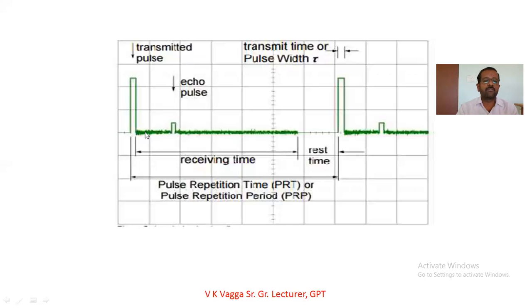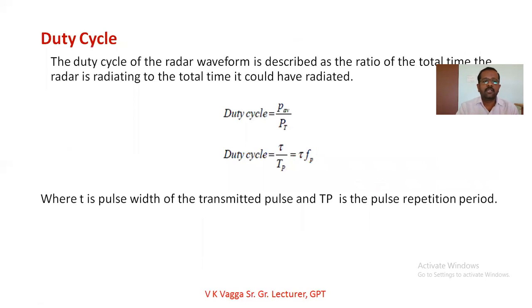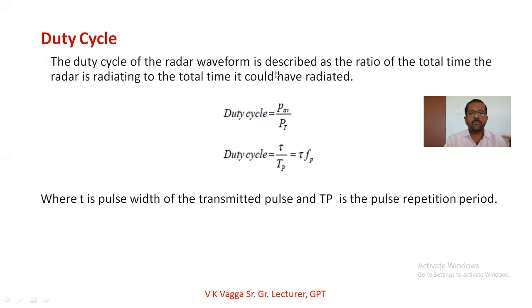If you take the frequency, it indicates the number of pulses, the rate. The duty cycle of the radar waveform is described as the ratio of the total time the radar is radiating to the total time it could have radiated. So it is the actual allotted time and the time taken.